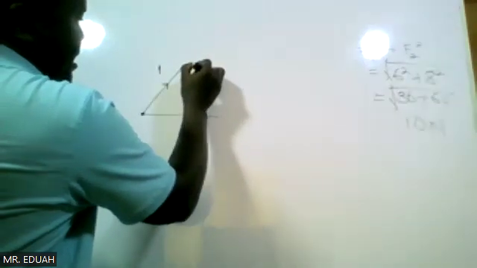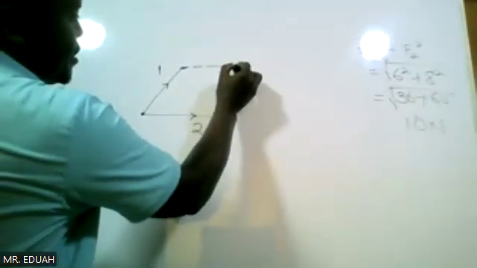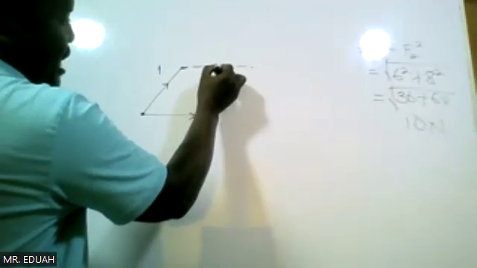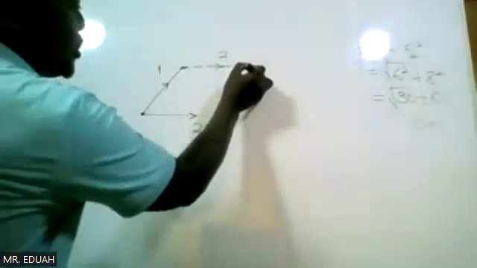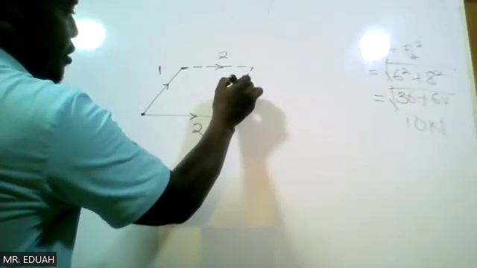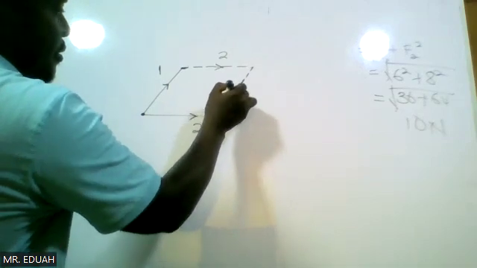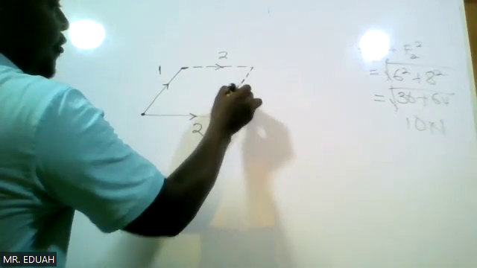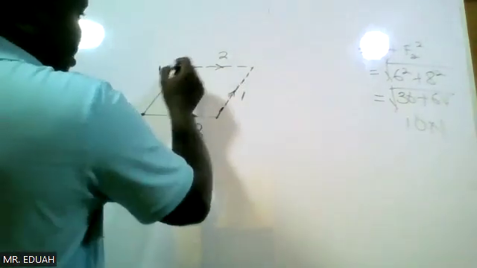So I create an equal vector of 2 and put it on the head of 1. Equal vectors must have the same magnitude and direction. So this is 2. I do the same for 1.